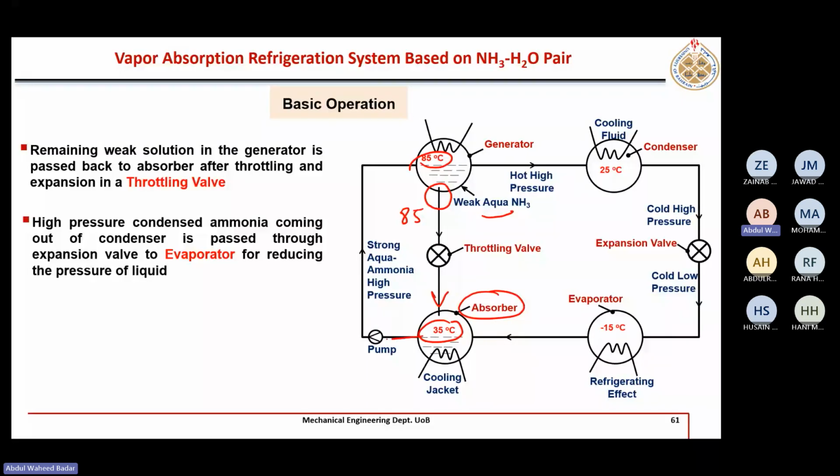Similarly, the low temperature absorber fluid is flowing towards the generator. So here, just like in the water lithium bromide system, we can install a heat exchanger, so that the temperature of the strong solution can be increased and the temperature of the weak solution coming back is dropped.